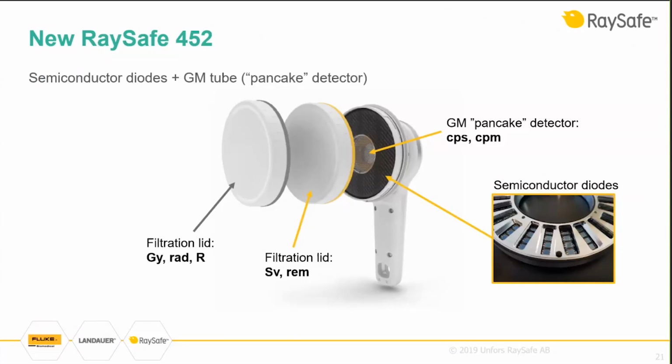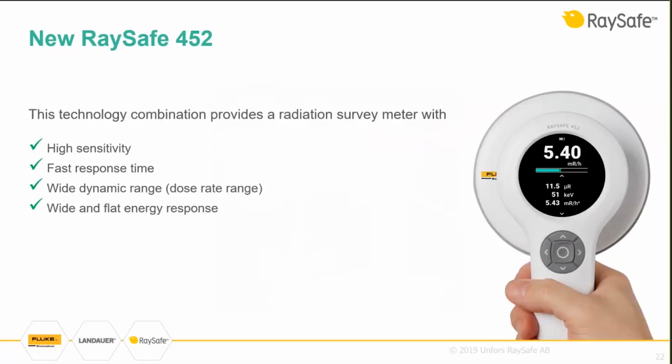So this is one way to combine different technologies to achieve the best possible meter from that standpoint, to get that high sensitivity, fast response time, a wide dynamic range, and a wide and flat energy response. It gives us that versatile survey meter that can be used for many different applications and measurement scenarios.